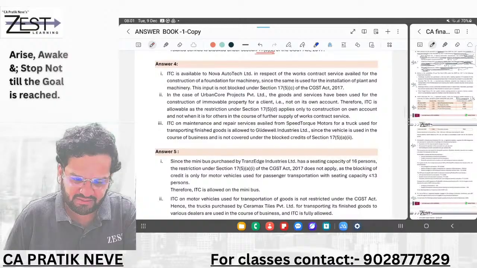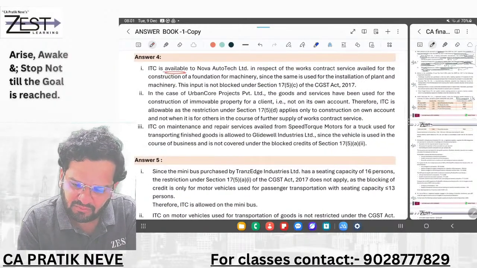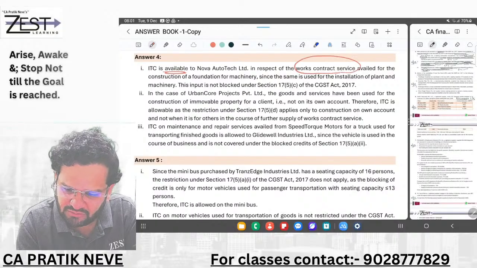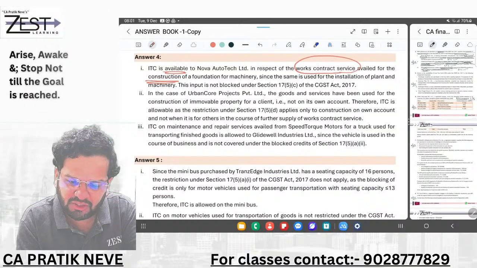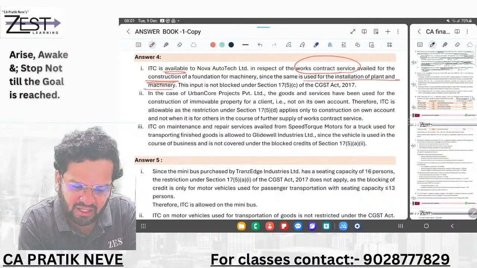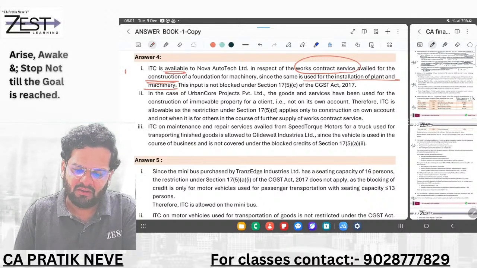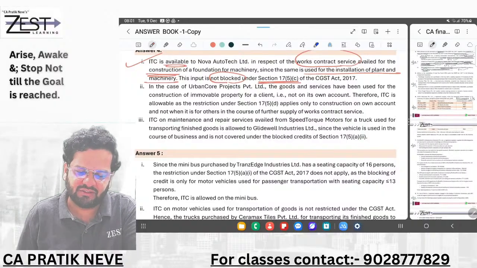So see friends, ITC is available in respect of works contract services availed for construction of foundation of machine since it is used in the installation of plant and machinery. So it is not blocked under 17(5)(c).